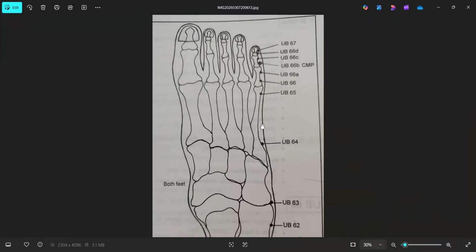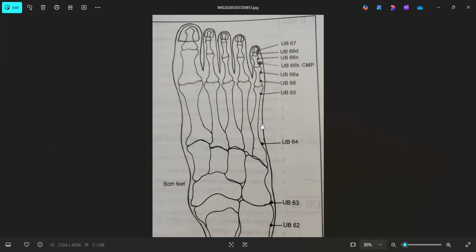So we will take one by one. Now UB67 is a big point. This can be used for many things.